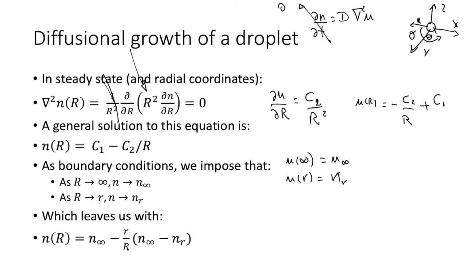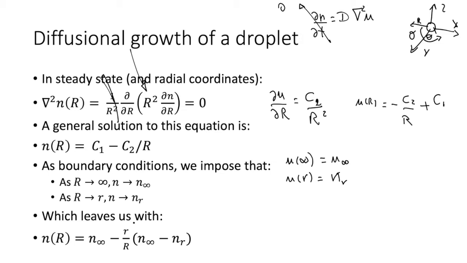And when capital R equals lowercase r, this is 1. And so this goes away. The n infinities cancel out. Minus gives a plus, and so it's an n of r. Okay. And so this gives us a solution for what the field of water vapor droplets looks like as a function of radius as we go further and further away from the droplet.